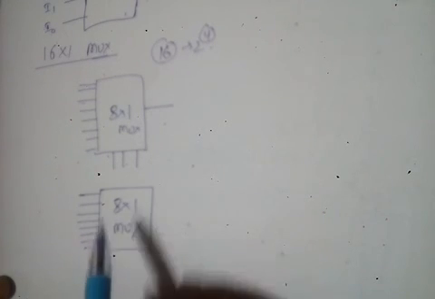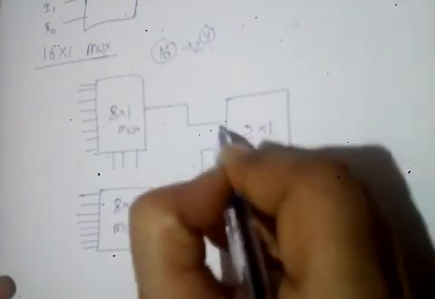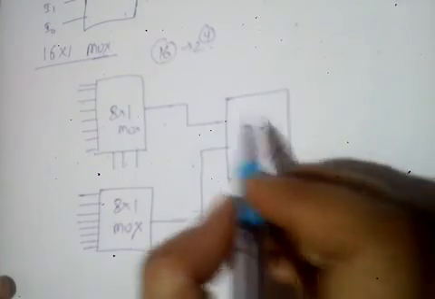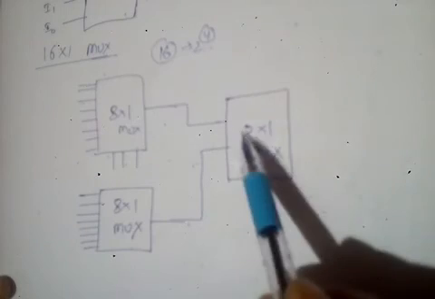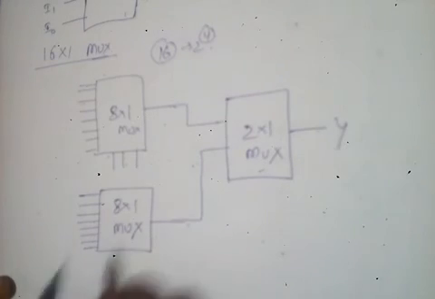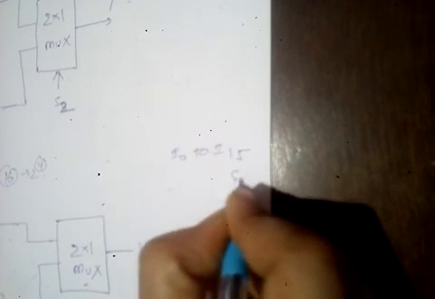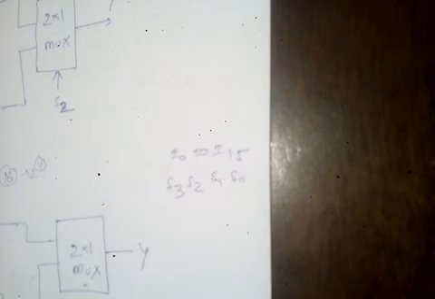Since each 8 by 1 multiplexer produces 1 output, we require a 2 by 1 mux in the second stage, considering the output of the first stage as the input of the 2 by 1 mux, and this will produce the final output Y. So let's consider the 16 by 1 mux has 16 inputs from I0 to I15, 4 selection lines S0, S1, S2 and S3, and 1 output, that is Y.